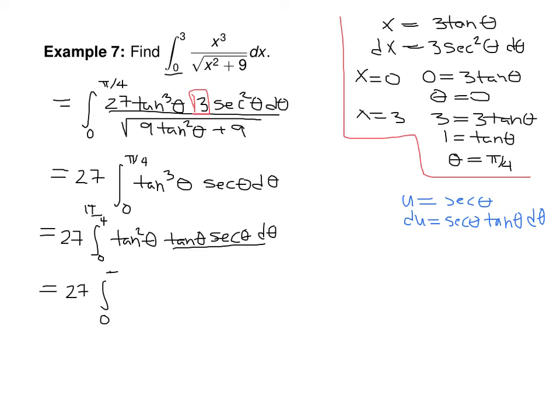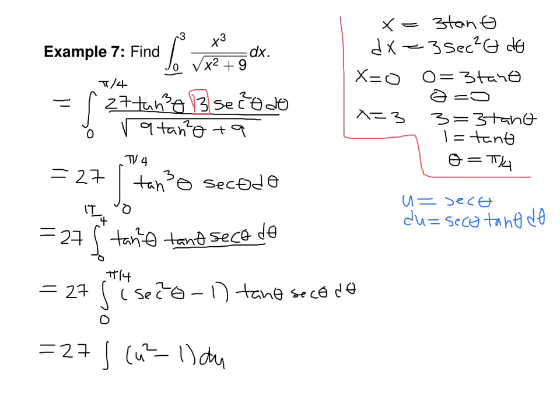So 0 to pi quarters, secant squared of theta minus 1, tan theta secant theta d theta. So we'll have 27, we'll hold off on the bounds for just a second, u squared minus 1 du. Once you figure out what those bounds are, it's going to be pretty nice.